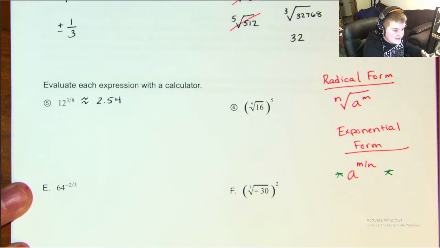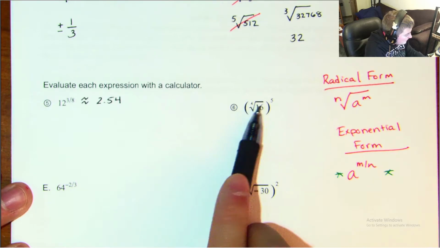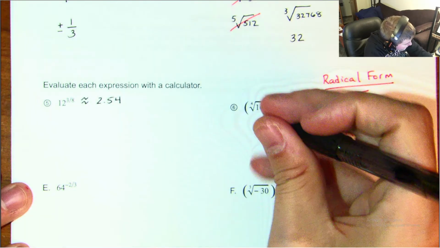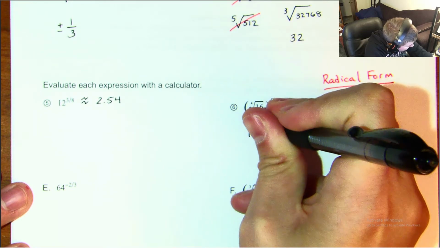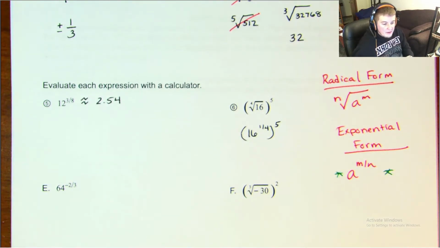So what about 6? When I'm looking at 6, I'm taking the 4th root of this. The 4th root is the same as the 1/4 power. So here I'm taking 16 to the 1/4 power, and then I'm raising that to the 5th power. Right now all I'm doing is working towards getting my answer into exponential form, because the 4th root is the same as the 1/4 power.